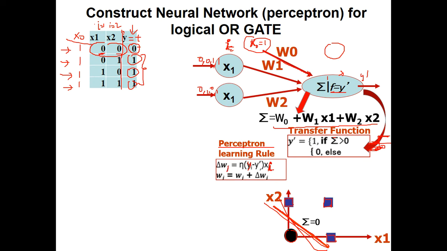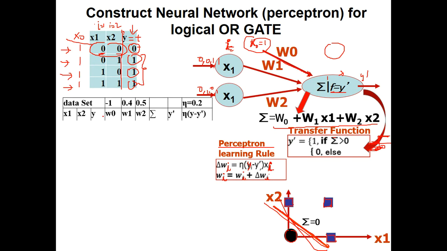W, consider wi. So we shall create one table. In tabular form, we shall update the value of all these variables at every next iteration.